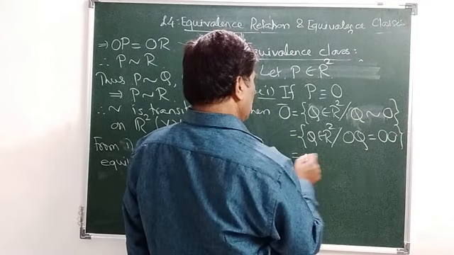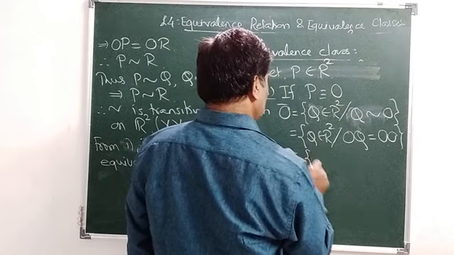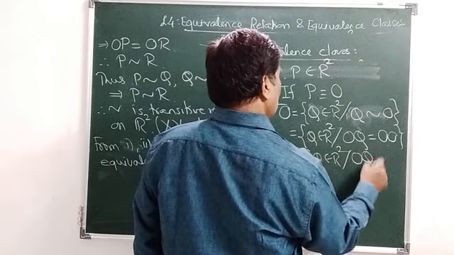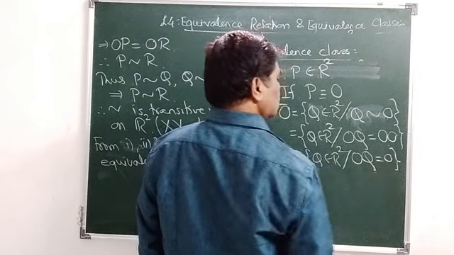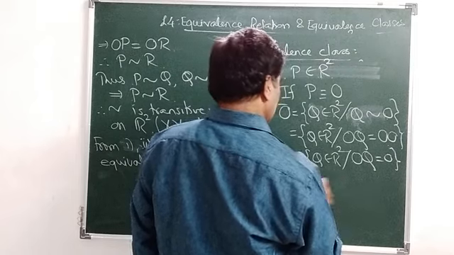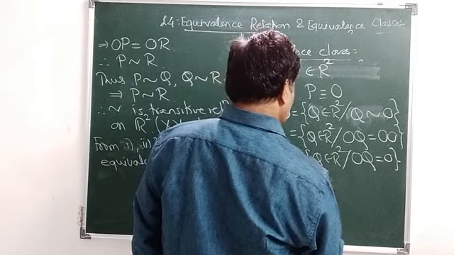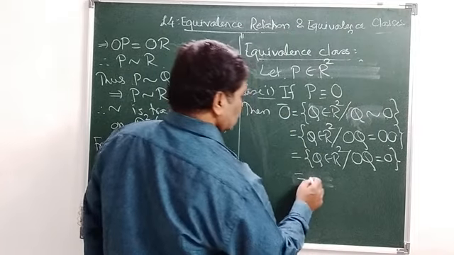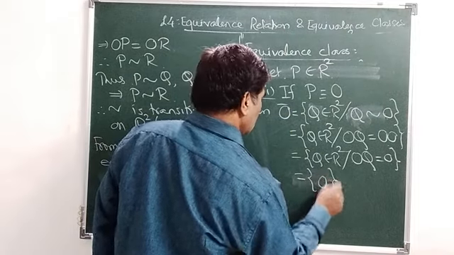But what is the distance between O and O? This distance is 0. So Q belongs to R2 such that OQ must be equal to 0, which implies Q is equal to the origin. This is just the singleton origin.